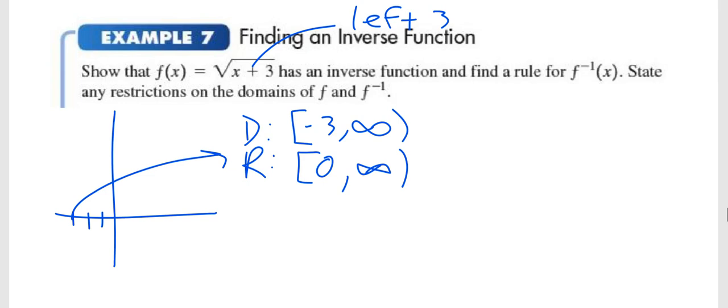Before we do the algebra, I need to know if this is a one-to-one function. Is this a one-to-one function? Sure is. So we definitely got the one-to-one part. Why not abbreviate it? 1 to 1. Check. All right, passes horizontal and vertical line tests.